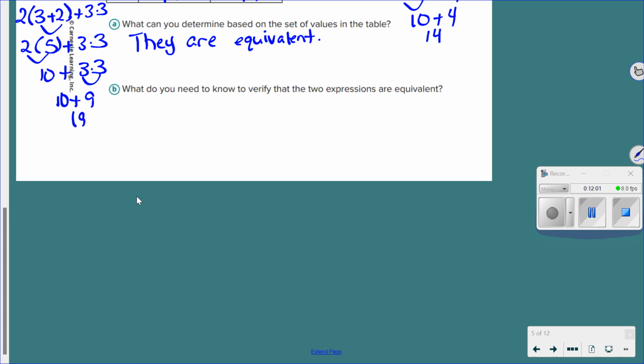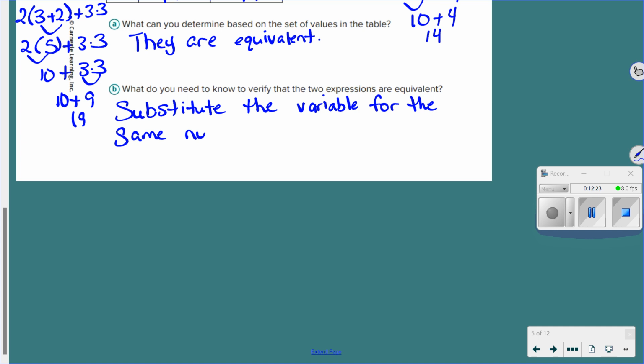Substitute the variable for the same number. And then we ended up getting the same values. Didn't we do that every time?